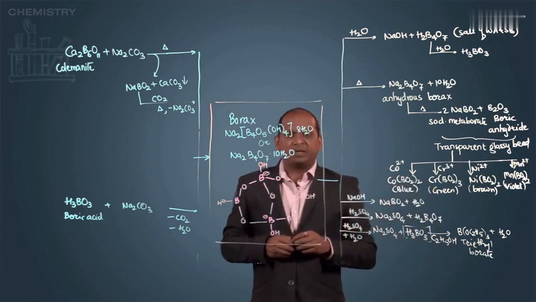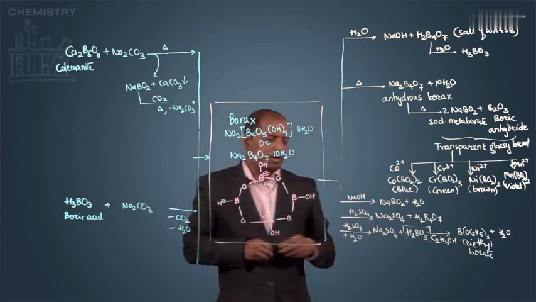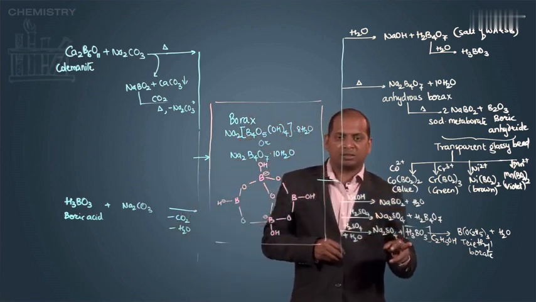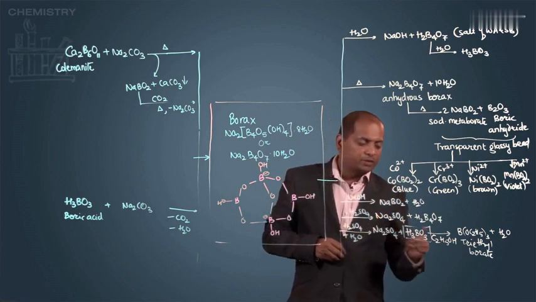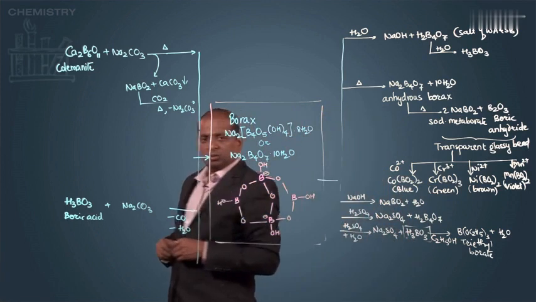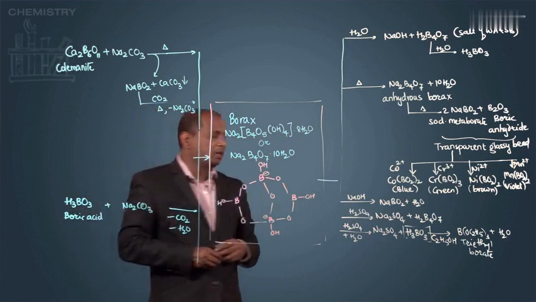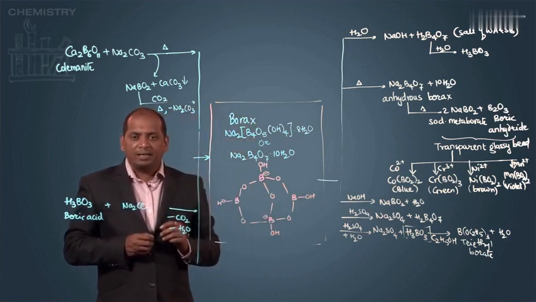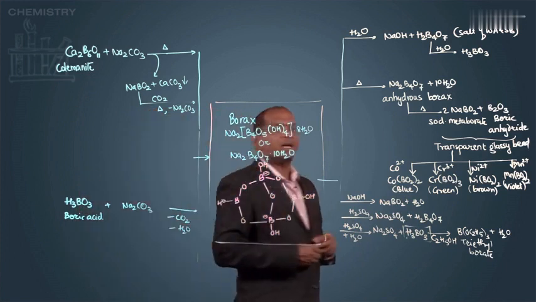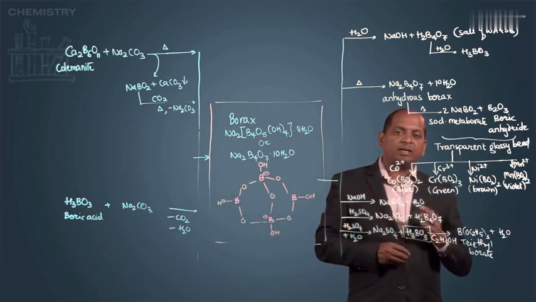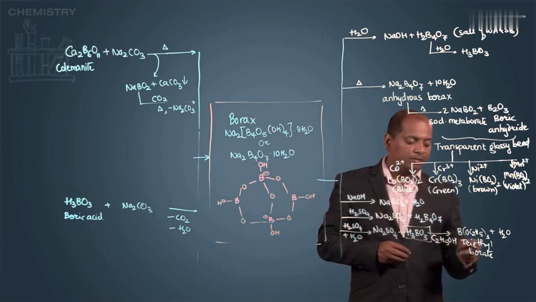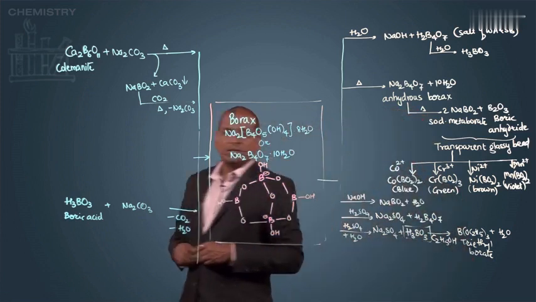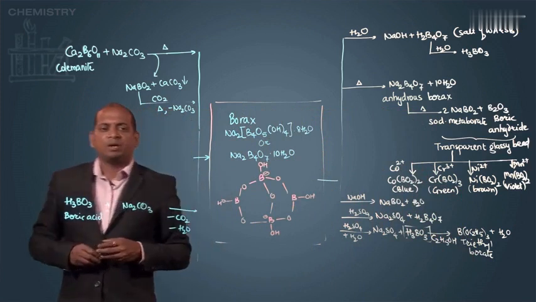When it reacts with dilute sulfuric acid, it gives sodium sulfate and orthoboric acid, boric acid, which further reacts with ethyl alcohol to give triethyl borate. When you ignite it, you will get a green flame, and that green flame is because of the combustion of this triethyl borate.